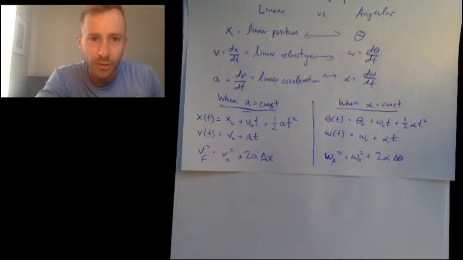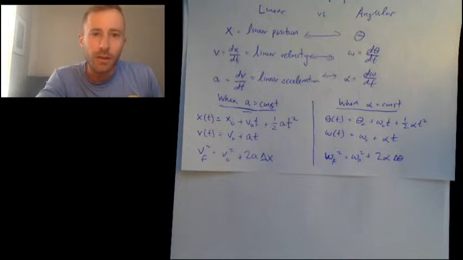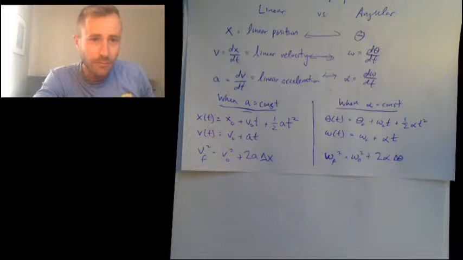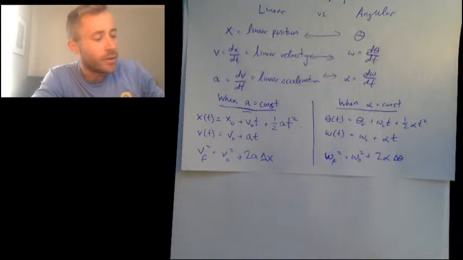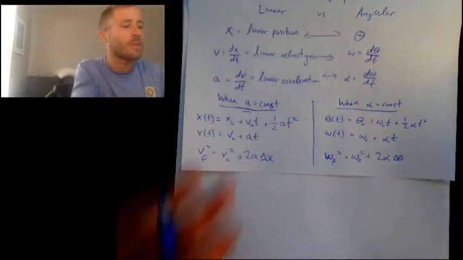Okay, so these are the equations of angular kinematics. And you can only use these equations when alpha is constant.